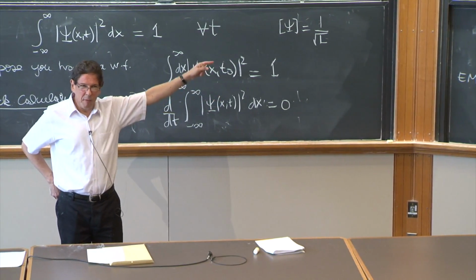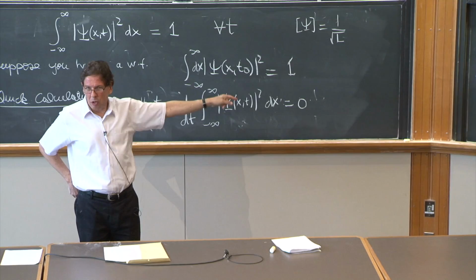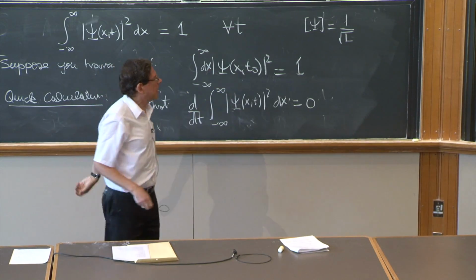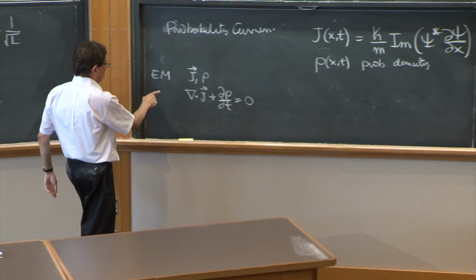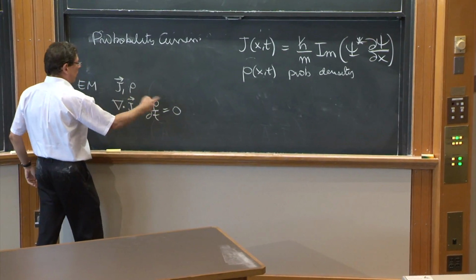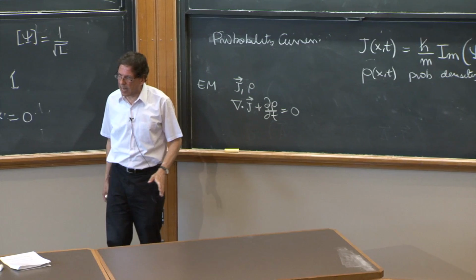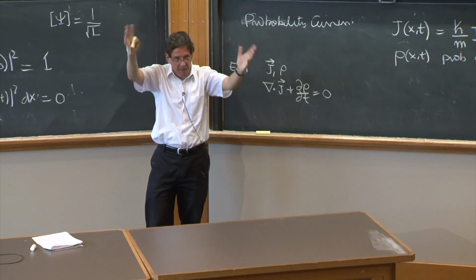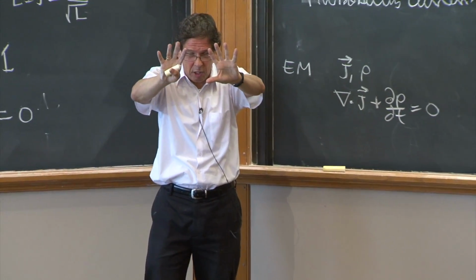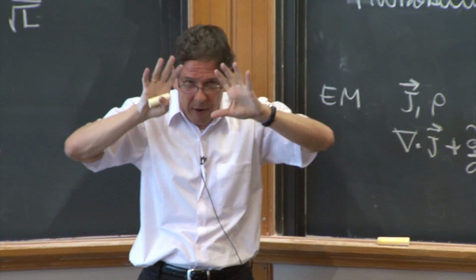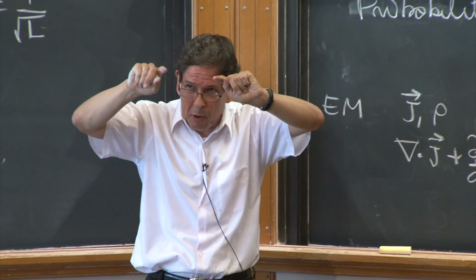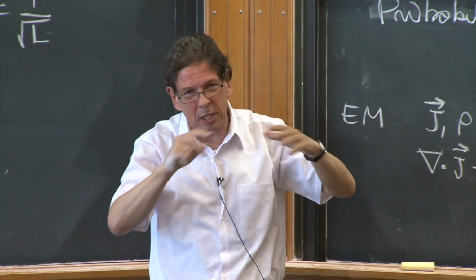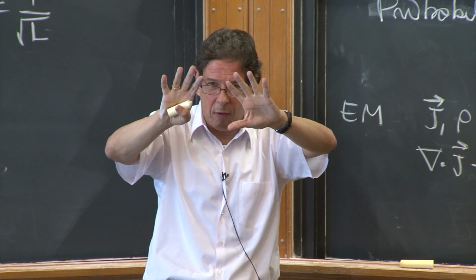You may or may not remember that. If you don't, it's a good time to review it in E&M and check on that, discuss it in recitation, think about it. This means charge conservation as we usually understand it. The way to do it, just in words, is you think of a volume, you consider how much charge is inside, and you see that the rate of change of the charge is proportional to the current that is escaping the volume, which is to say charge is never destroyed or created.